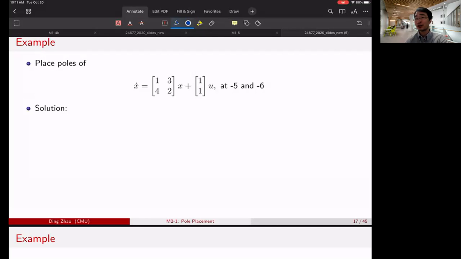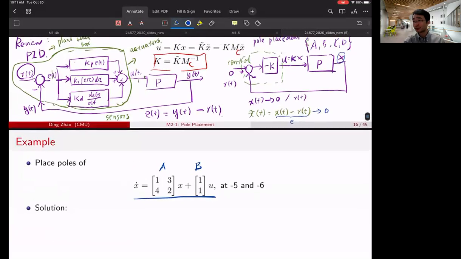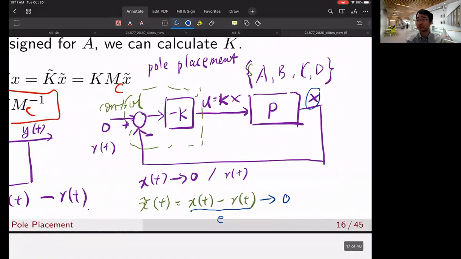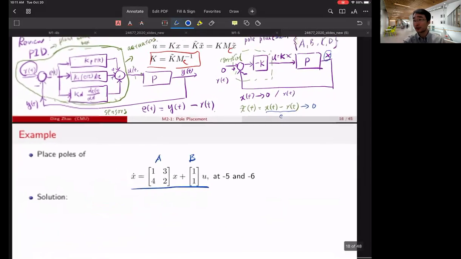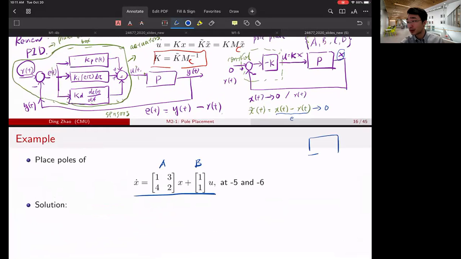Okay, so the question is this. I have a system. This is our A, this is our B. Whatever this system is, I want to see what happens after I do this feedback control. So I have a plant with A and B, and I output X. I put this into a K, so U equals KX, right?